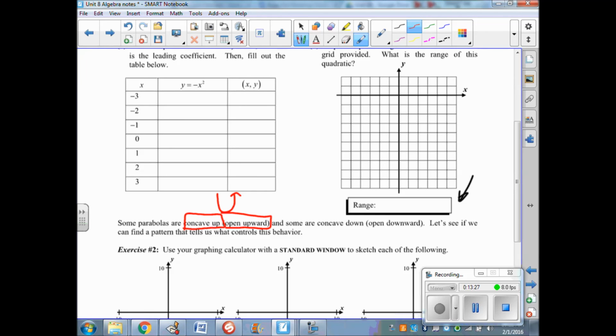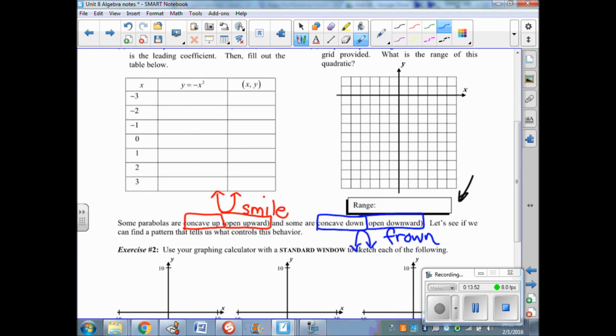And that's what that means. Concave up or open upward. And I say that parabola is a smile. So then just the opposite of that is some parabolas are concave down or open downward, and a sketch of that would look like that. So I say that's a frown.